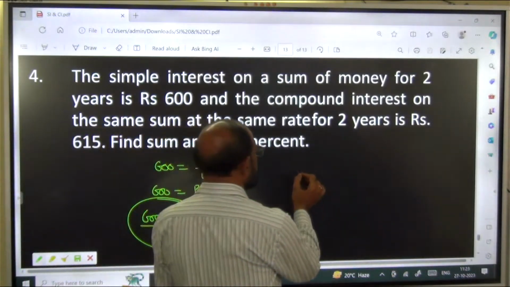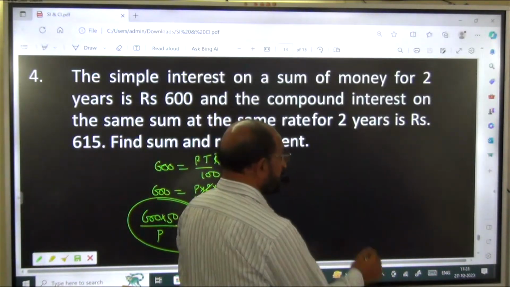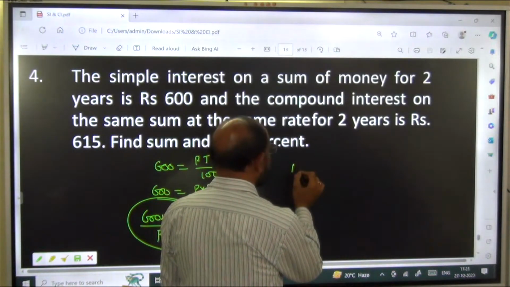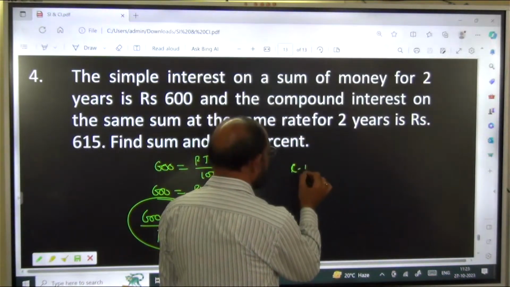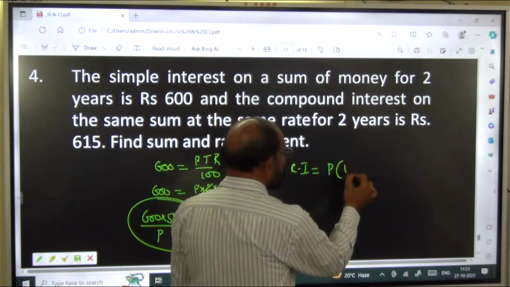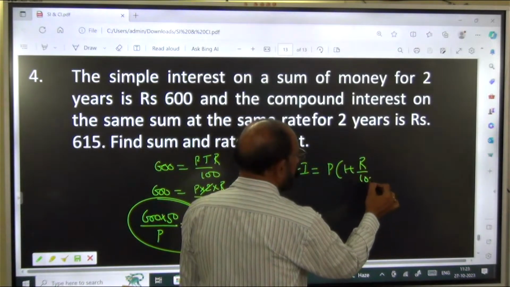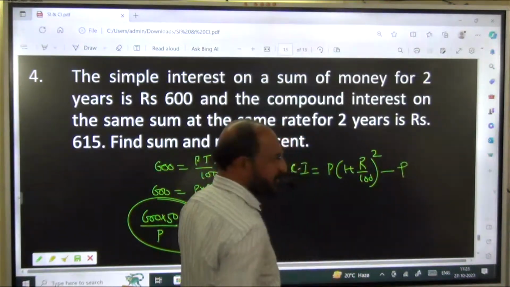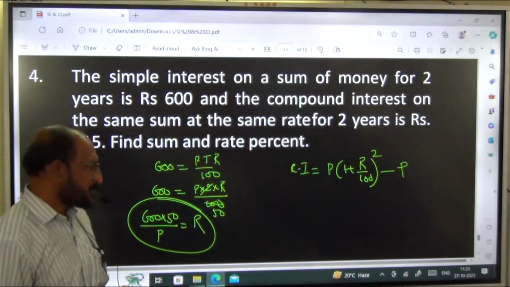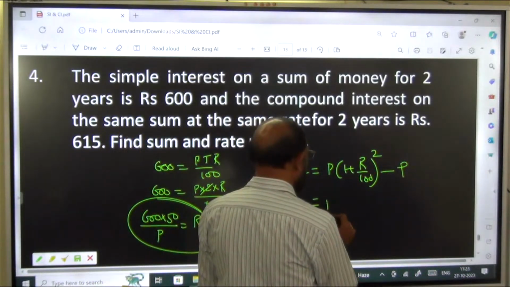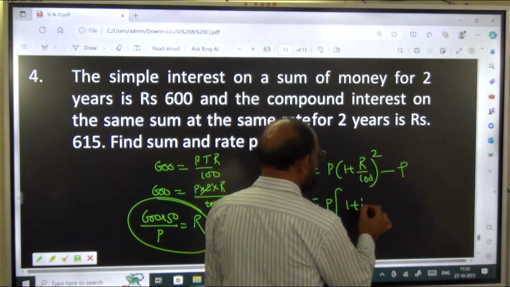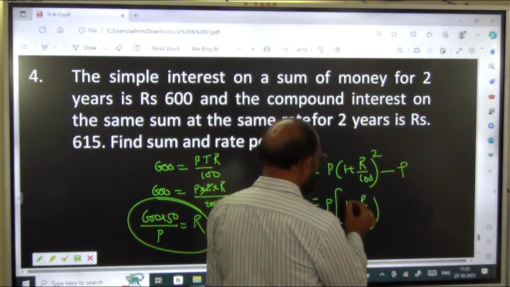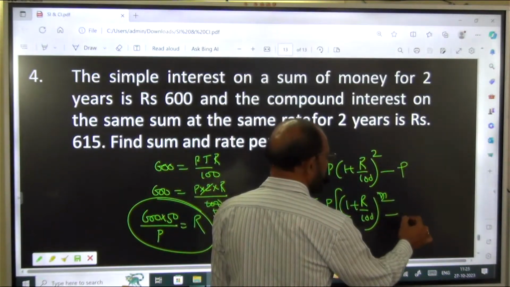For compound interest, how to find that? Amount minus principal gives compound interest. Compound interest is equal to P into (1 plus R by 100) whole to the power of 2 minus P. If P is taken common, it is P into ((1 plus R by 100) whole square minus 1).